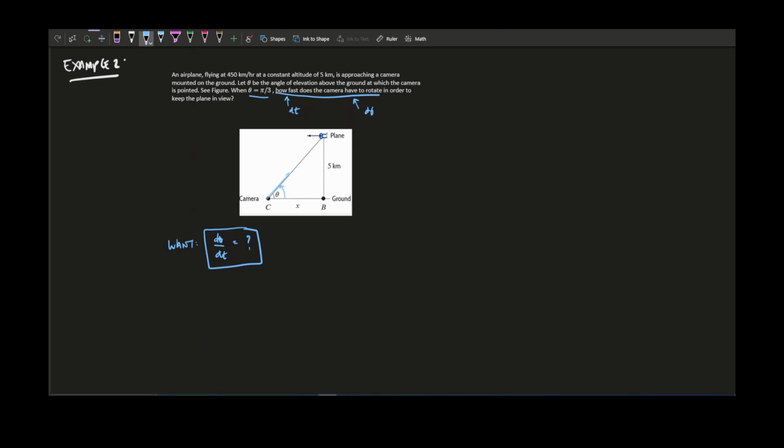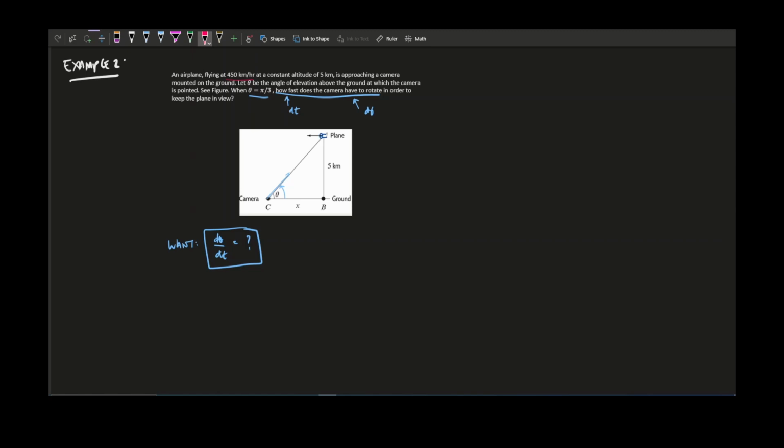And we have a rate up top, some other information, that it's flying at 450 kilometers per hour in this direction. This altitude over here is fixed at 5.